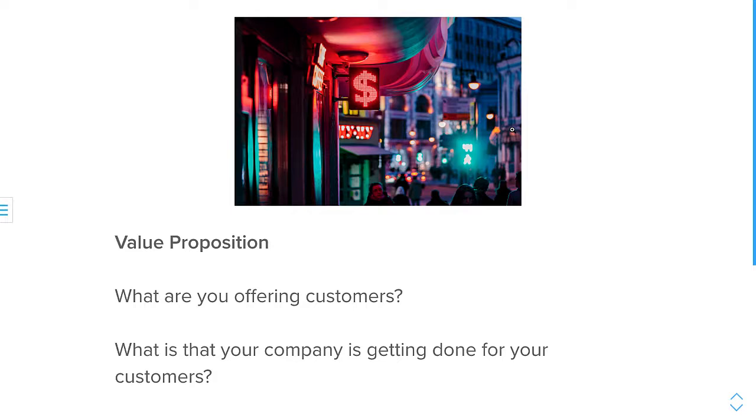What are you offering your customer? What problem are you solving for your customer? You have to be able to provide them something. What's the value that you're going to provide your customer base? What are you getting done for them? Because a really good business is solving a problem for a customer or making their life easier.